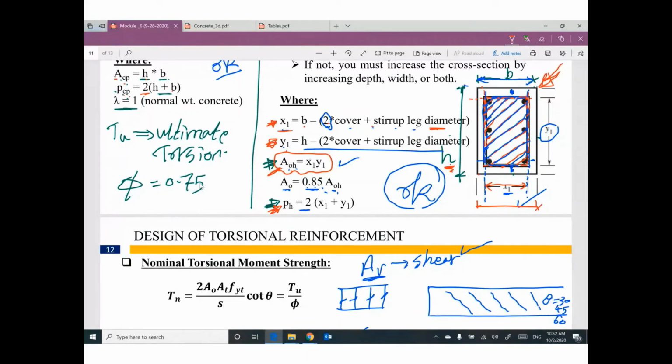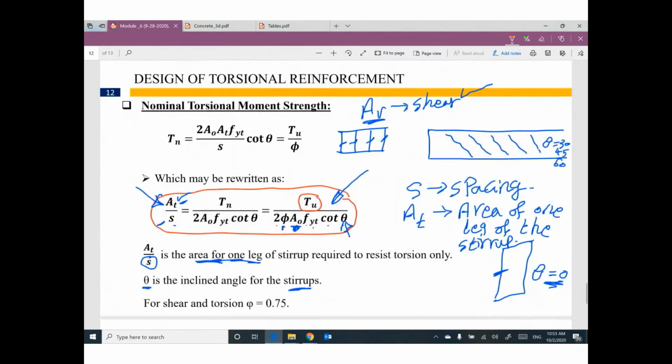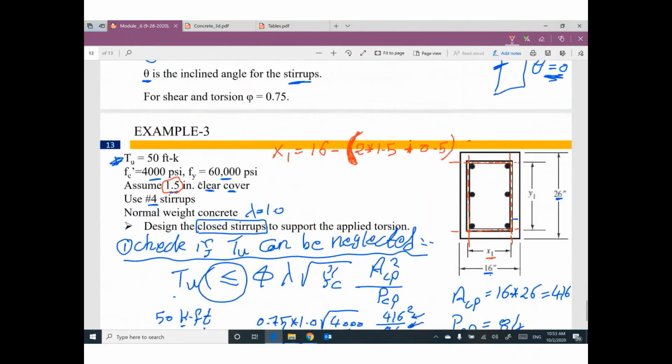This term and this term inside these brackets. So your final answer for x1 will be 16 minus 3 plus 0.5, equal 12.5.